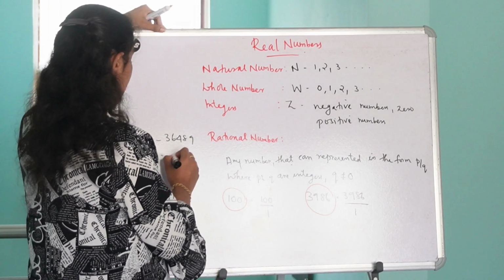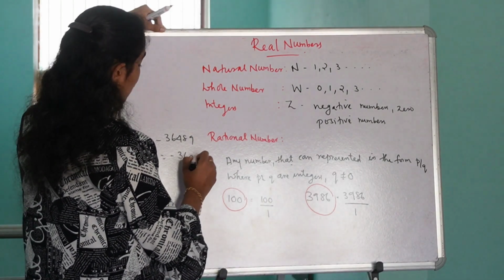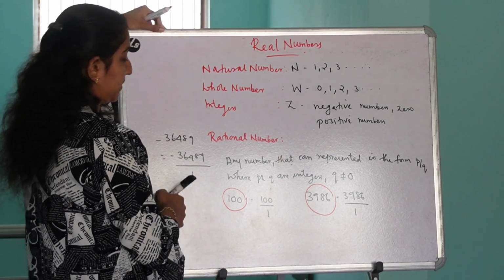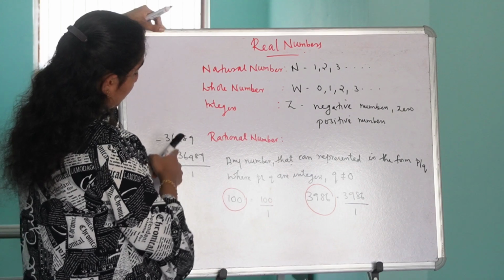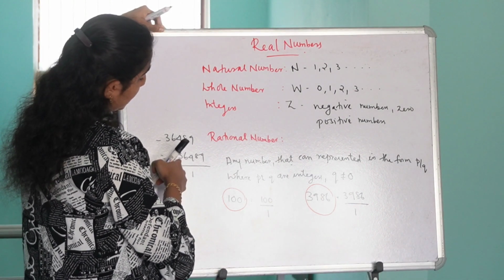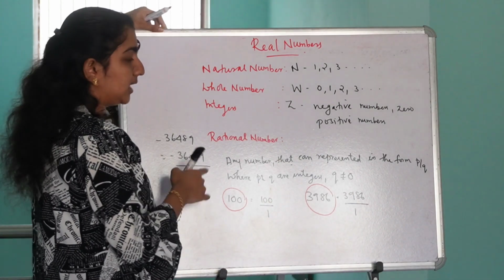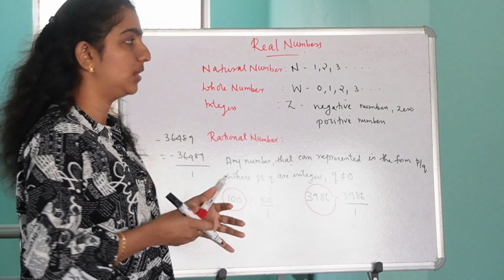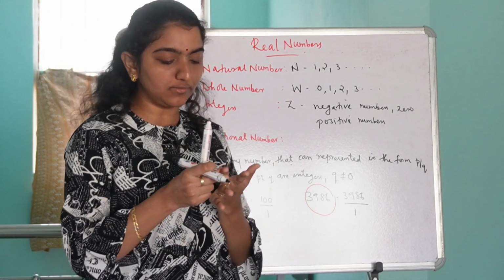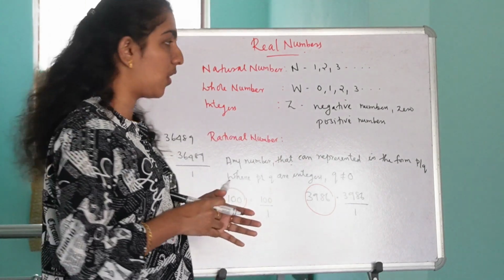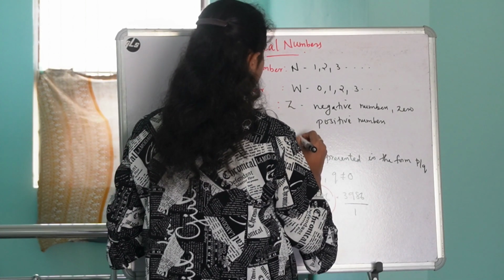Yes, we can: minus 36,489 divided by 1. Now I have represented the given number in the form p by q, and both p and q are integers and the denominator is not equal to 0. So we can conclude, or in short we can say, all the integers are rational numbers.